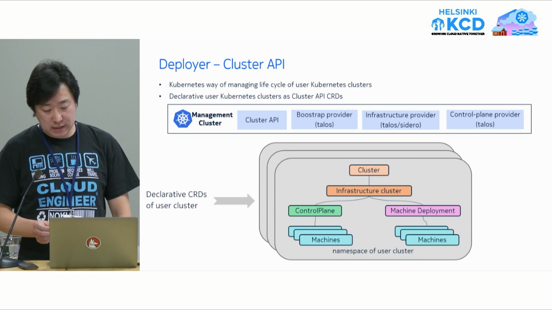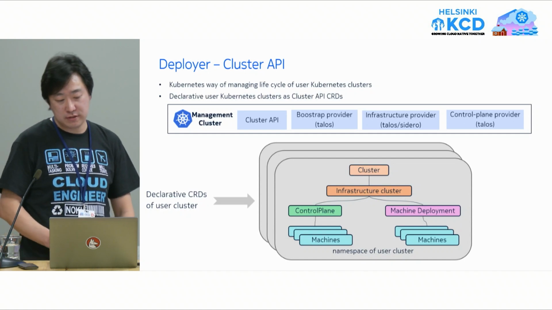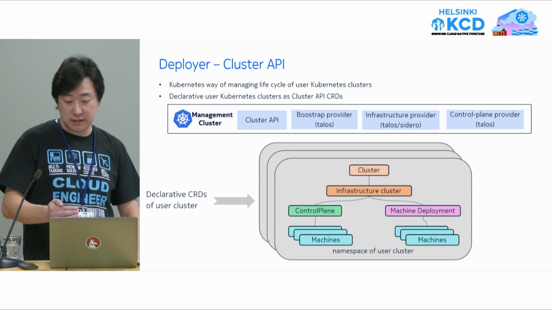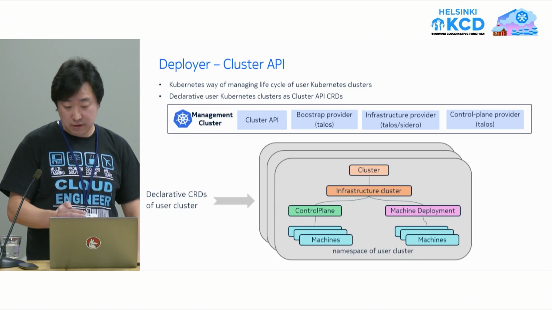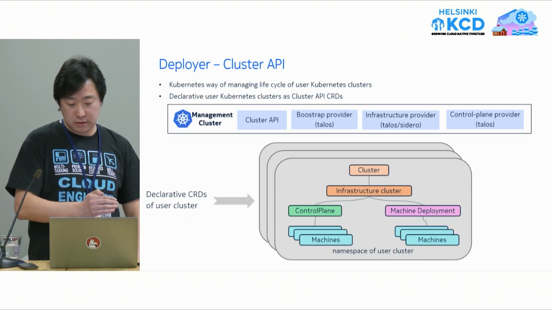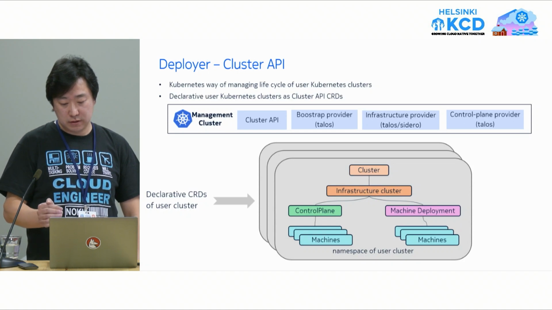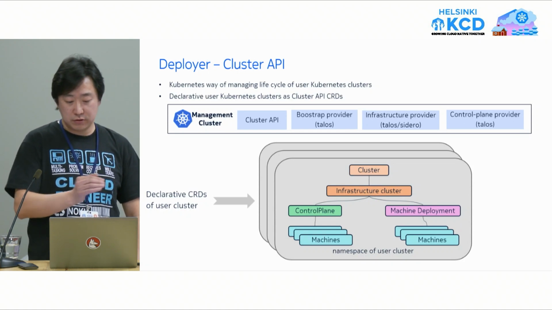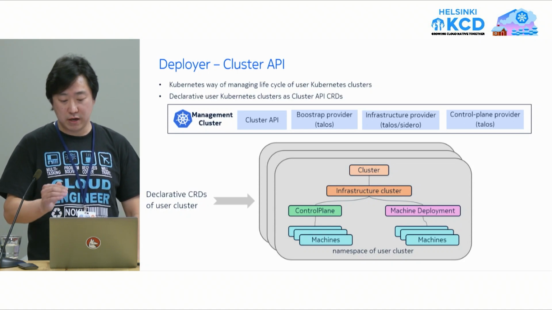And every user cluster is modeled into its own namespace, which contains those CRDs, including cluster, infra cluster, control plane, and machine deployment. Each of them represents control plane machines and worker machines.